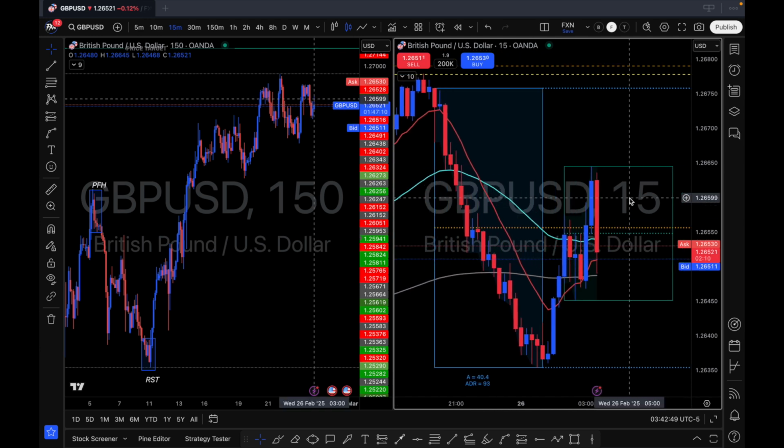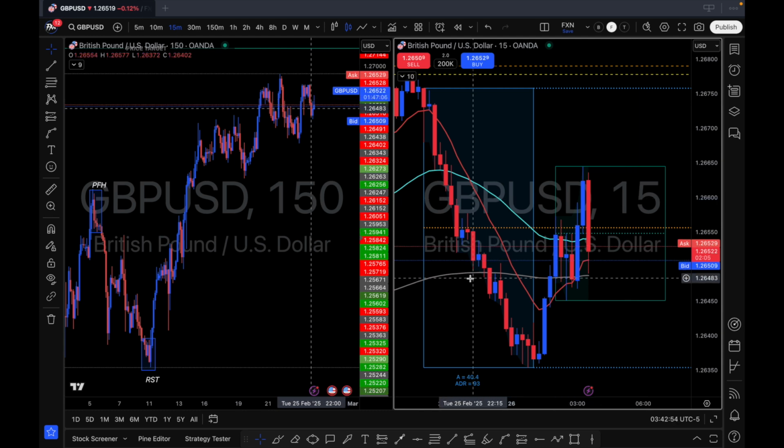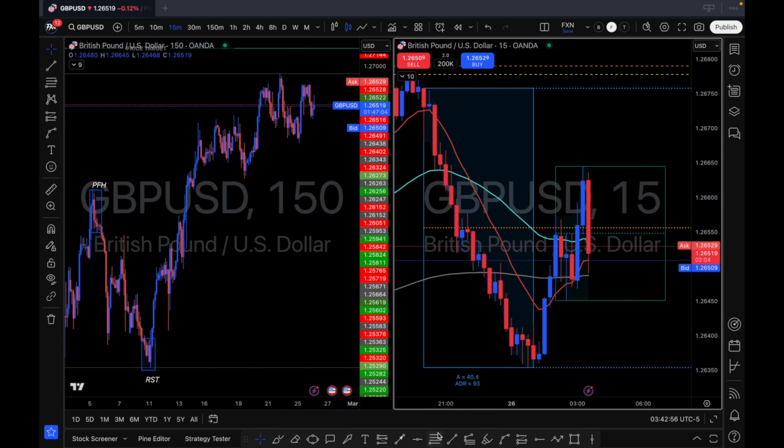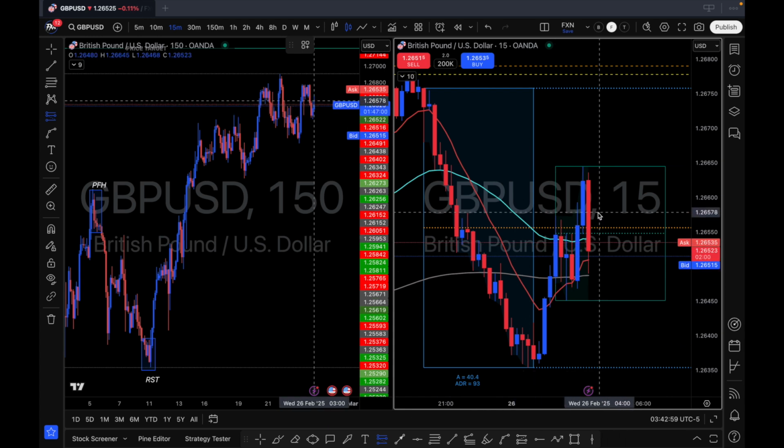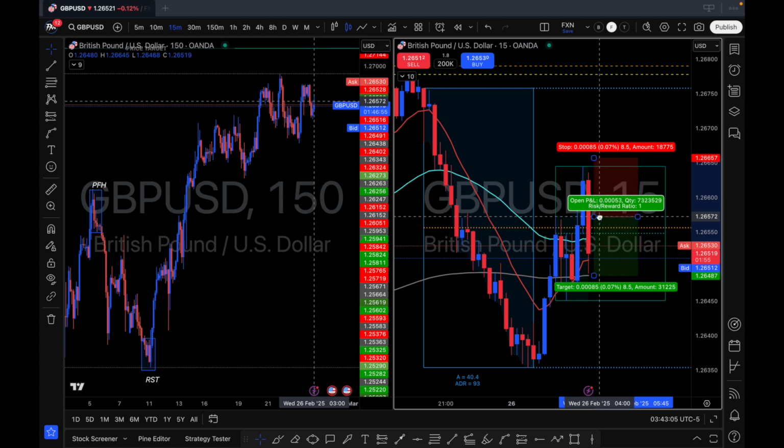So for me, now that the candle is over, the only possible way that I could even try to get into this pair would be on a massive pullback, and I mean the pullback has to be massive.